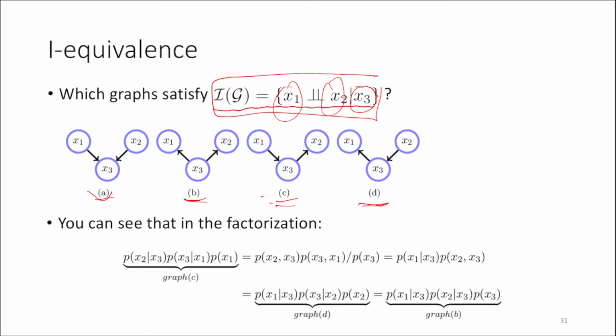So let's start from graph C. Given this graph C, I can write the joint density as follows. This is going to be P of X2 conditioned on X3, and X3 conditioned on X1, multiplied by P of X1. This is a representation that's coming from graph C. If I start from here, I can start manipulating the factors and see what I can get.